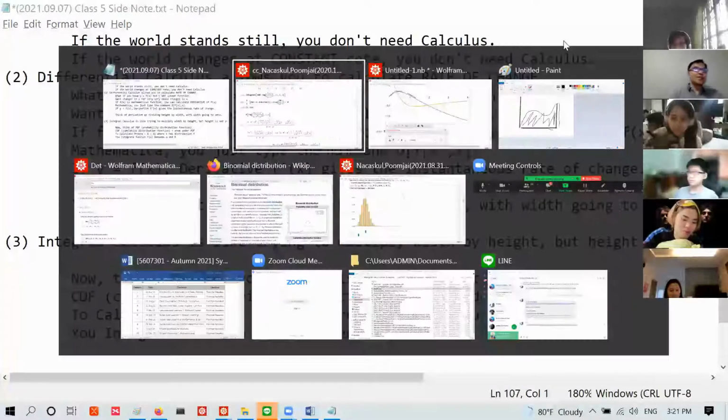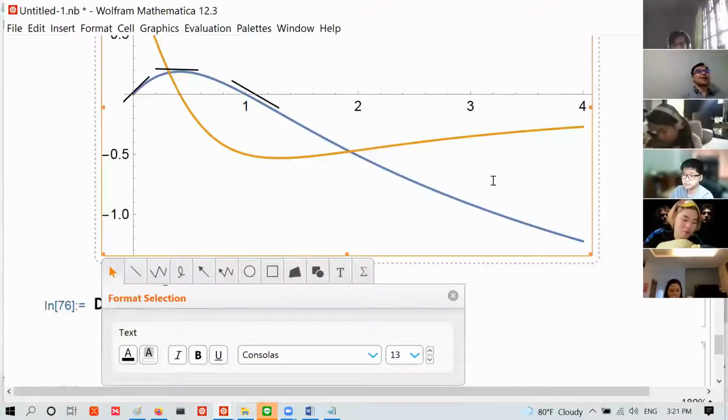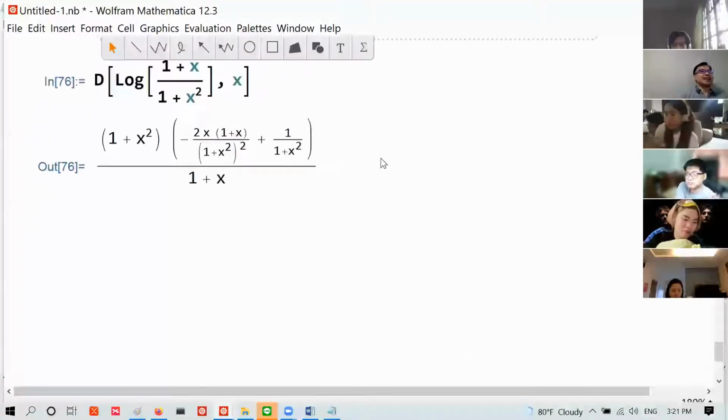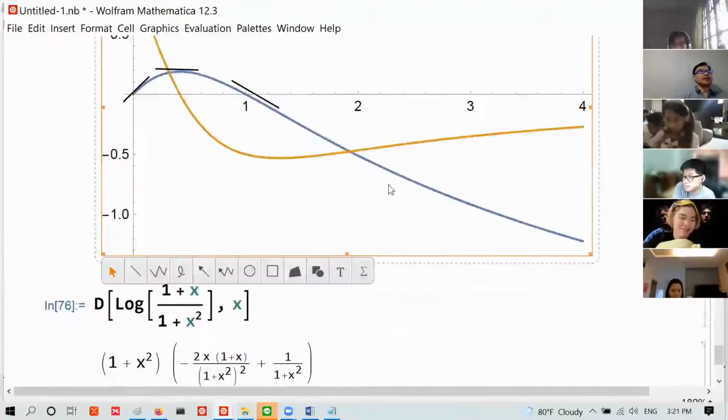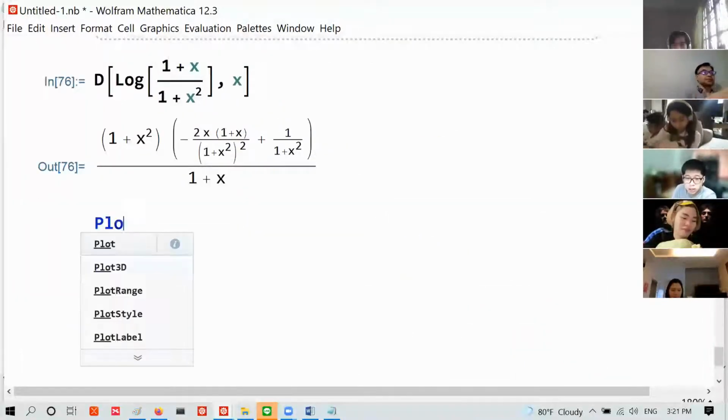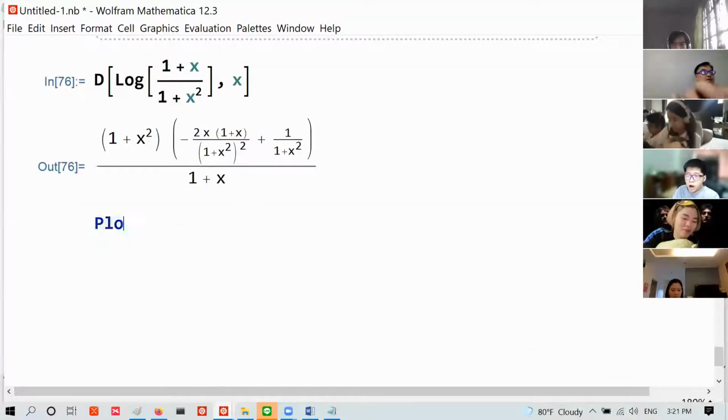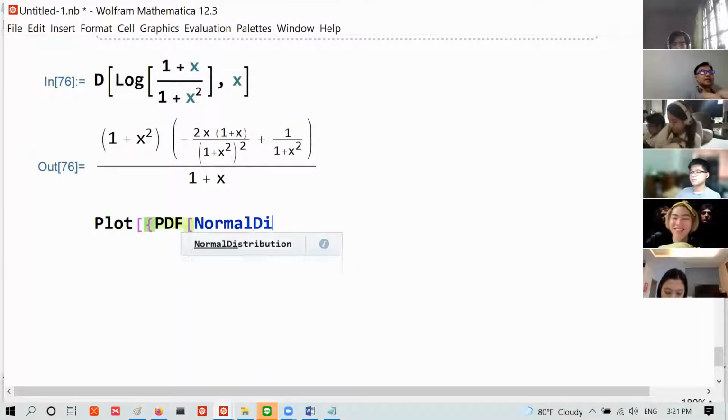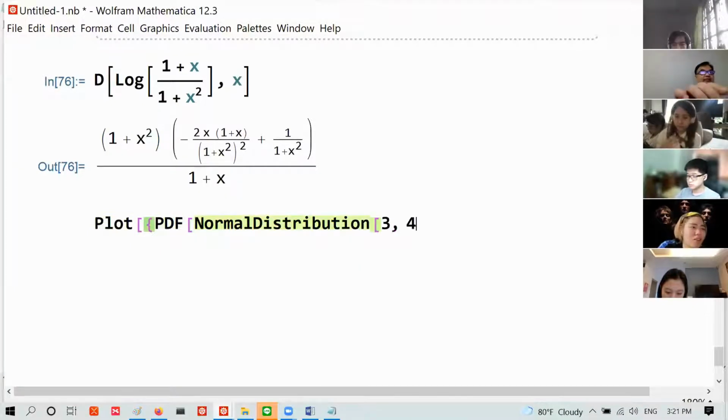So let's go back to our example. Well, actually, we don't have it. I can just show you. It's very easy. PDF of a normal distribution, say 3 and 4.